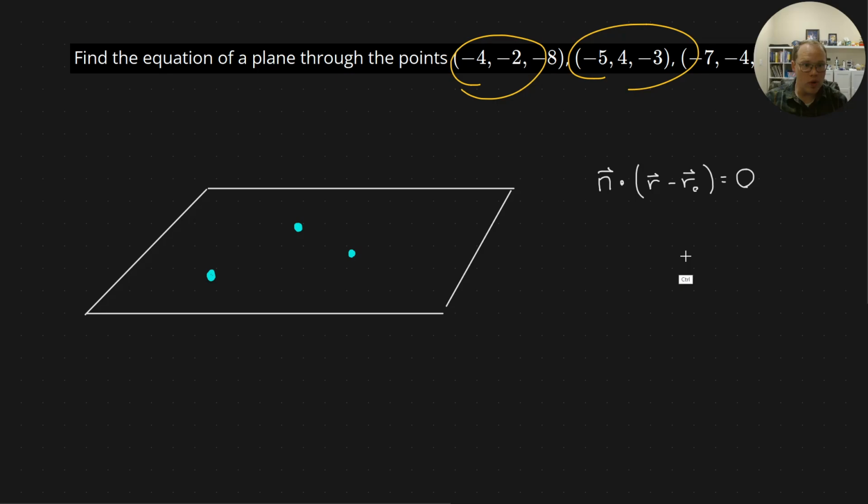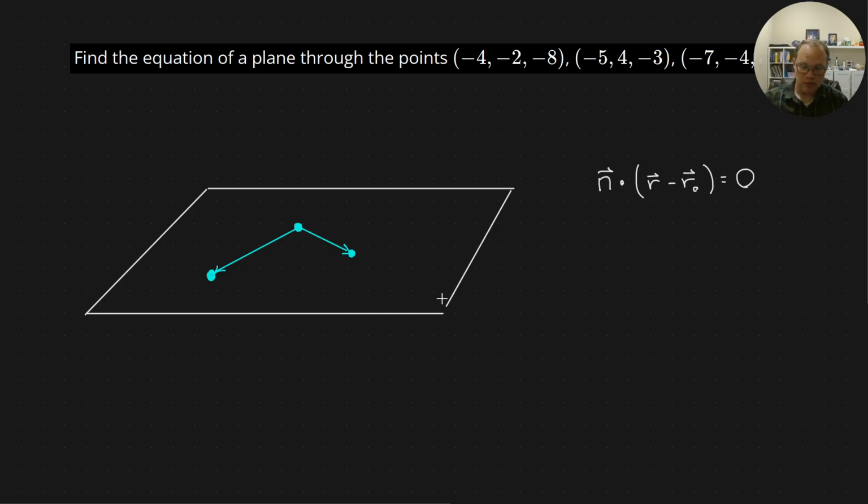Okay? What we need is a vector normal to the plane. That's usually the trickiest part. Okay? So if we take a look at this problem, how are we going to find that normal vector? Well, what I could do with these points is I could find 2 vectors parallel to the plane by subtraction, right?